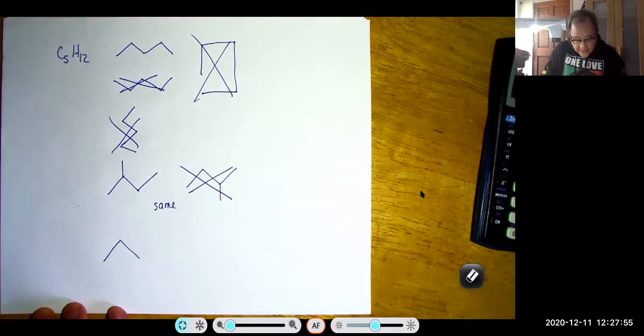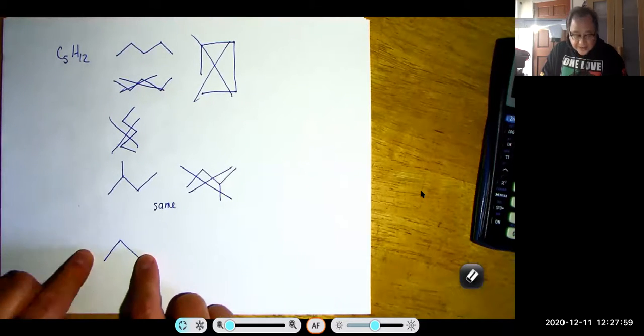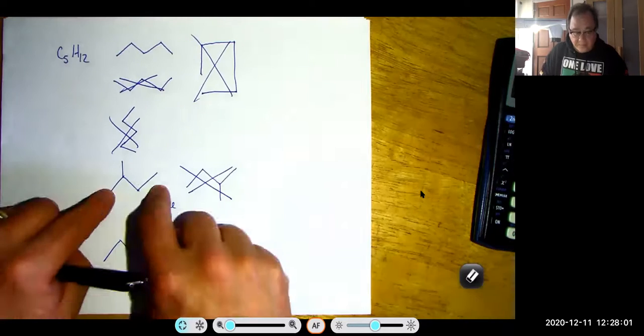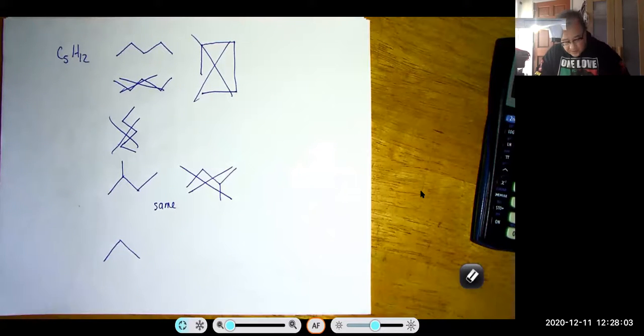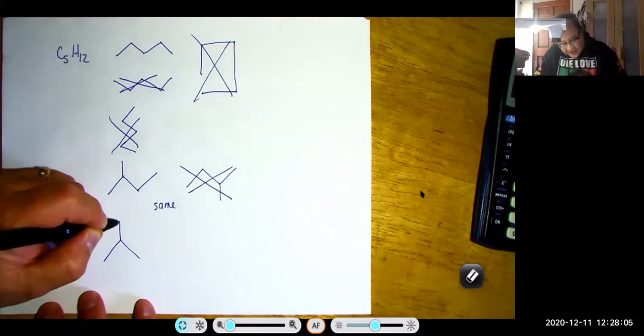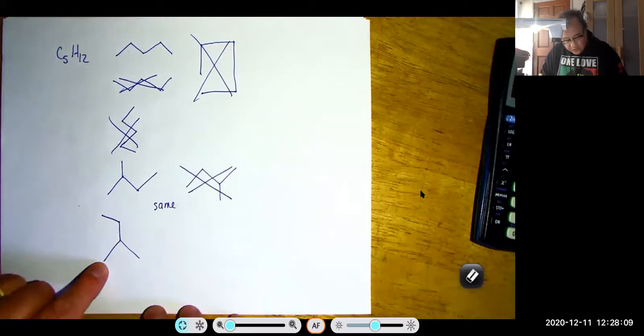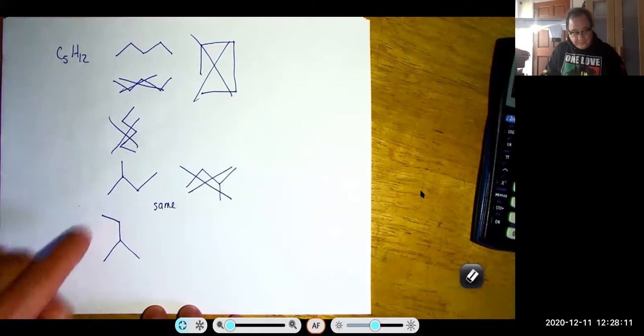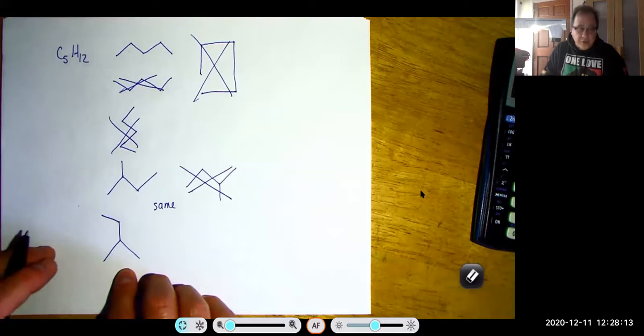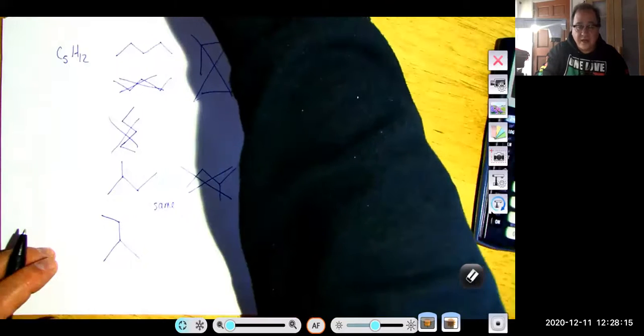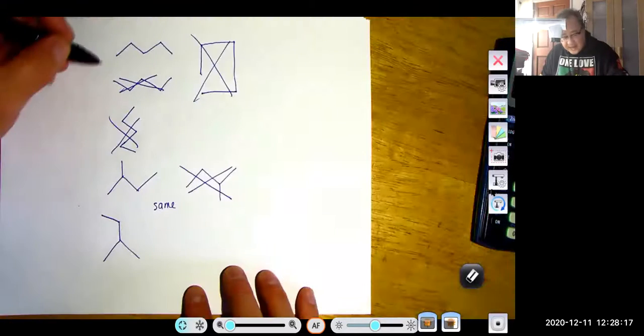Well, now we have to add 2 carbons to this. We know we can't add them to the ends because if we add them to the ends, we get 4 carbons for the parent. What about this? That's 2 carbons right there. 1, 2. 1, 2, 3, 4, 5. Is this a structural isomer of this guy and this guy?